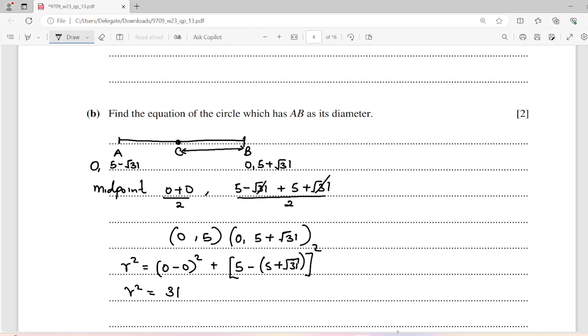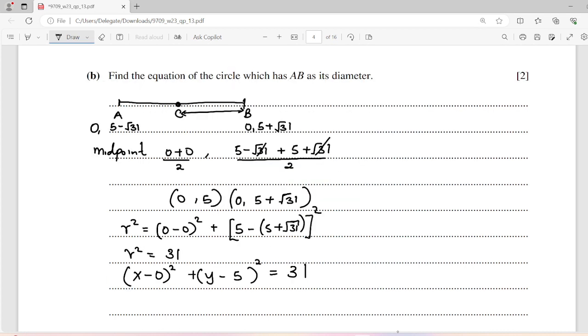I'll just say x minus 0 squared plus y minus 5 squared equaling to 31. So that's for that one. If you don't want to include the 0, you could just basically say x squared plus y minus 5 squared equaling to 31. That's for B.